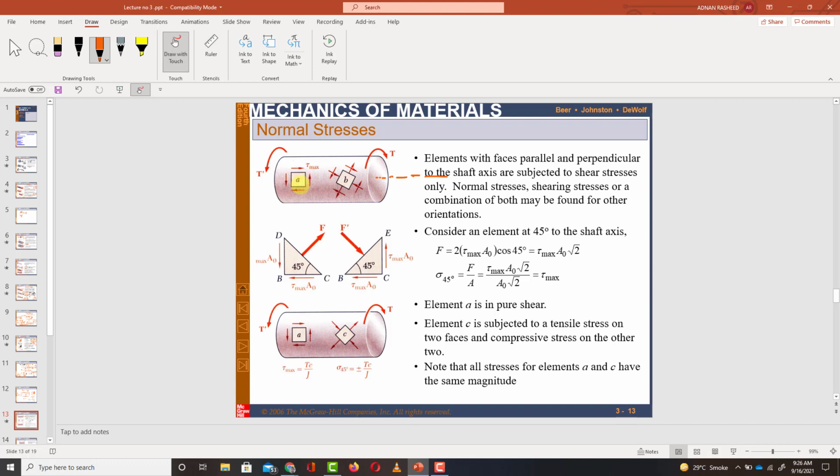But why is this maximum? Because it is taken at the outer surface, so those faces will experience maximum shear stress.